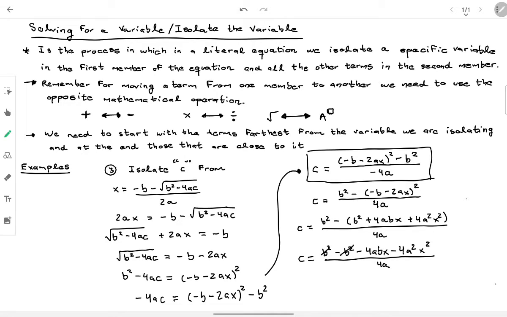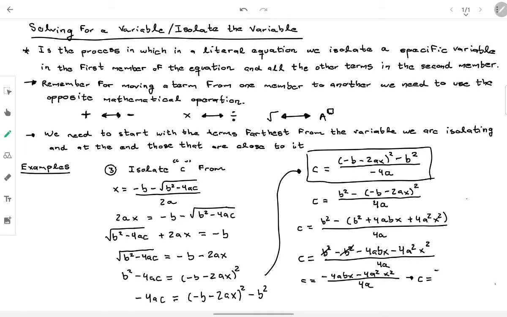So B squared and minus B squared, they can disappear. So it's going to be C equals minus 4ABX minus 4A squared X squared over 4A. So maybe we can continue doing this one.